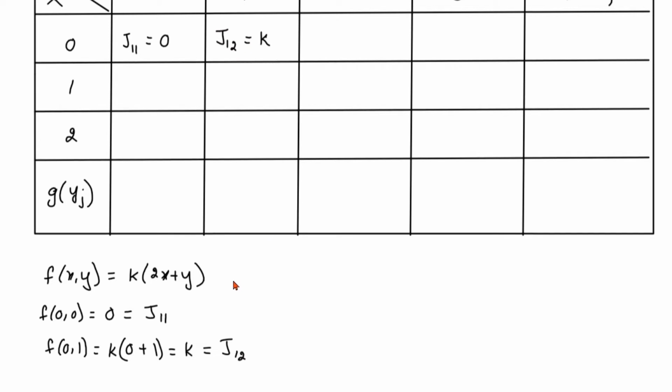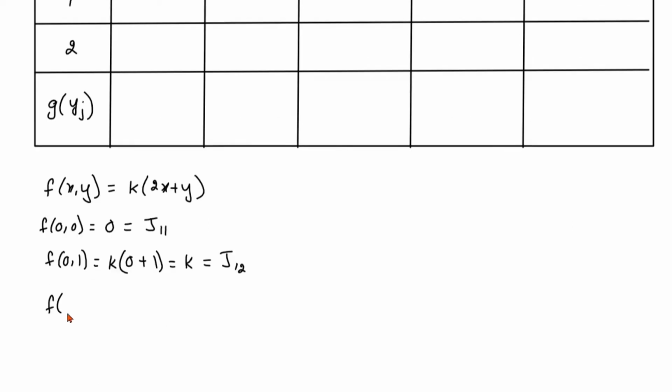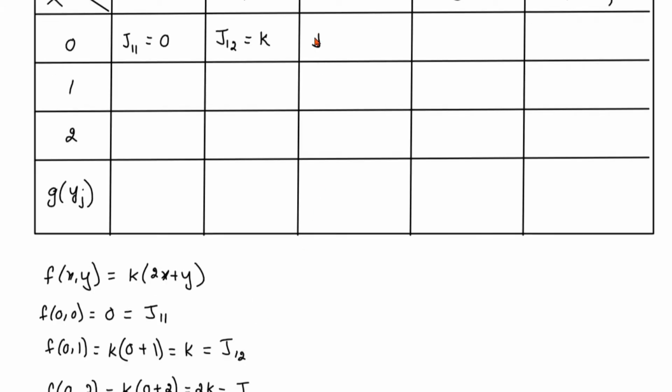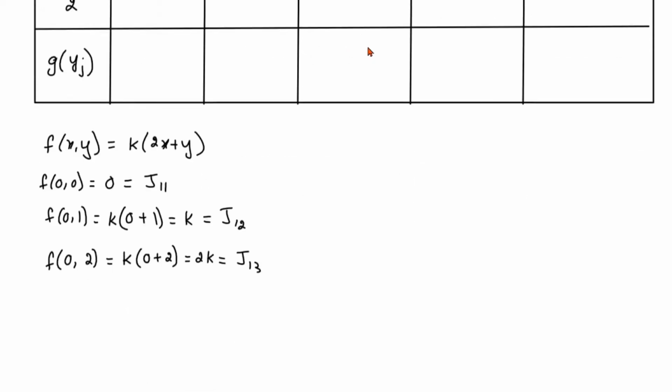The next value is f of 0 comma 2, which is k times x value 0, y value 2, so we get 2 times k. That is j13, so j13 is 2k.